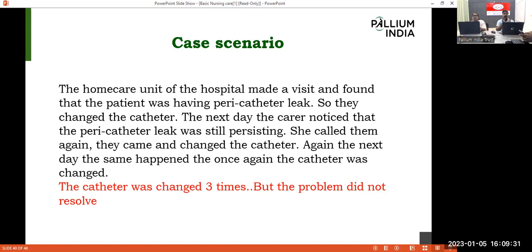Continuous touching of the inner bladder acts like a stimulation, and the bladder will contract. So with periodic contraction, it will push the urine from the bladder around the catheter. So it may become a chance for leakage.